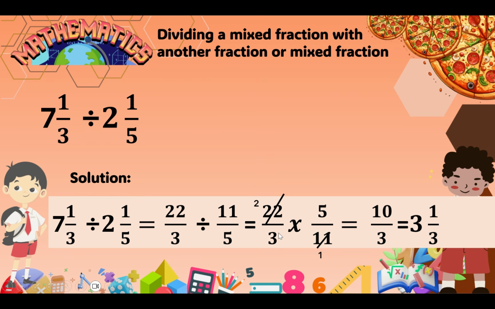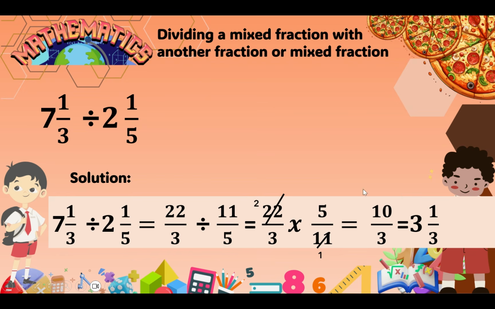copy the dividend, times the reciprocal of the divisor, which is 5 over 11, then cancel. 22 and 11 can both be divided by 11. So 22 divided by 11 equals 2. 11 divided by 11 equals 1. Then proceed to multiplication. 2 times 5 equals 10. 3 times 1 equals 3.